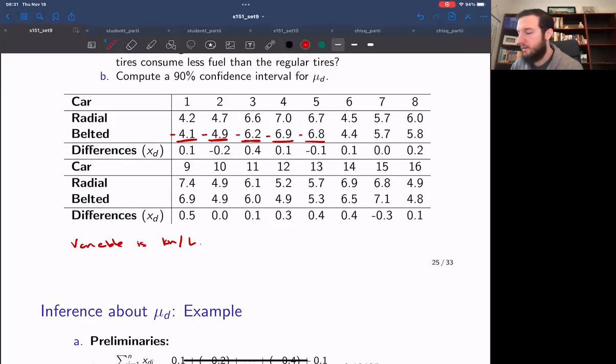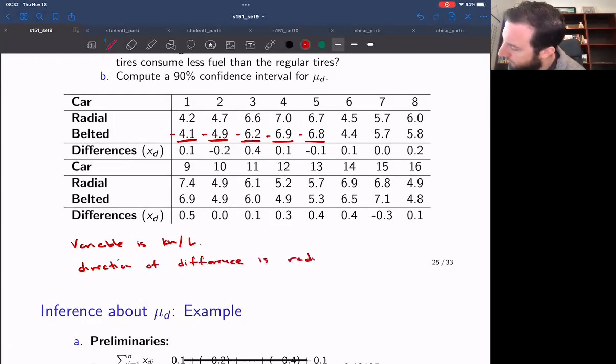The direction of the difference here is radial minus belted.